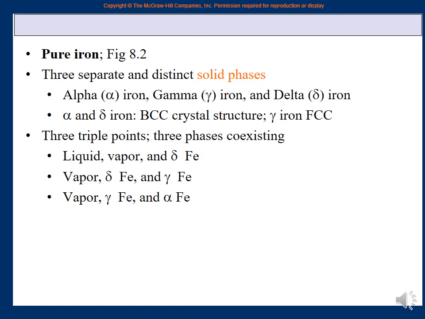There is no other metal in the world which has three solid phases. This is unbelievable. But again, we have been telling you that for thousands of years, iron has been the most important manufacturing metal. And even in today's world, iron and steel is the single largest engineering material.